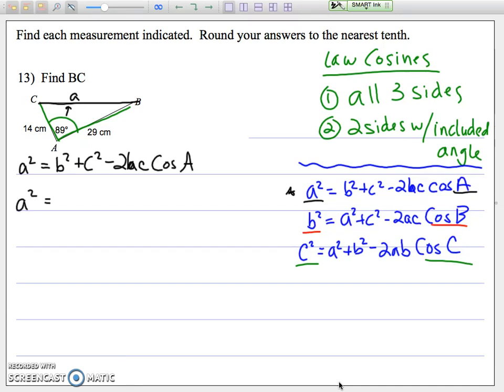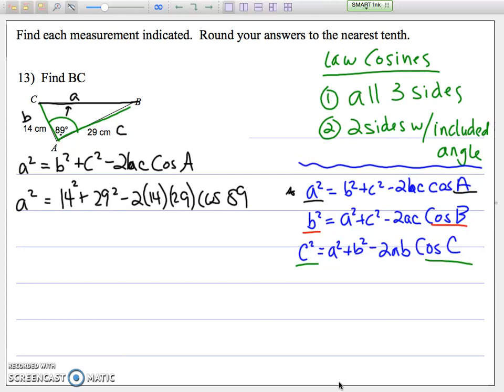I don't know a squared, but I know b is 14 because it's across over here. And I know c is 29 because it's across from angle C. So that's 29 squared minus 2 times 14 times 29 times the cosine of A, and I know that's 89. I literally just typed that in my calculator, exactly how it looks.